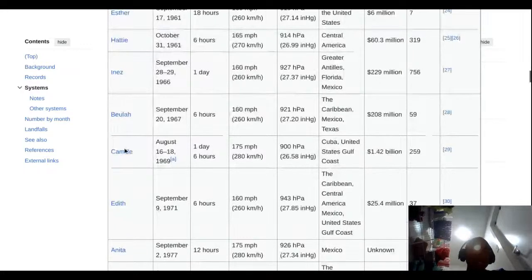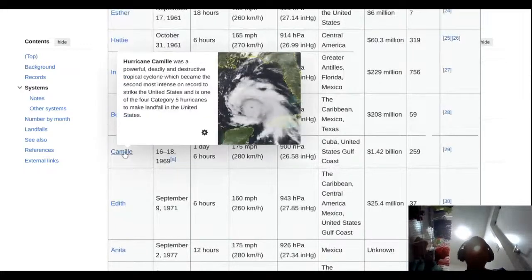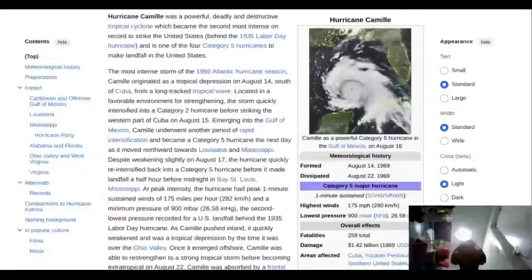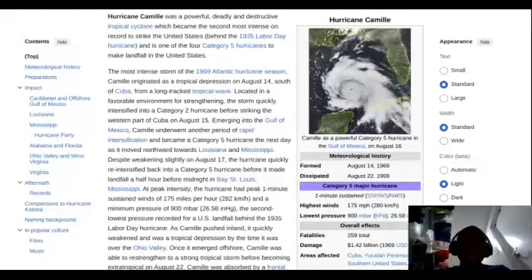So let's take a look at Camille. This is Hurricane Camille, which dissipated in August 1969.